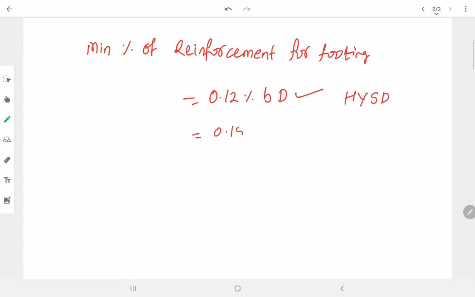If we are using MS bars, it will be taken as 0.15% as per the IS guidelines given for the footing.